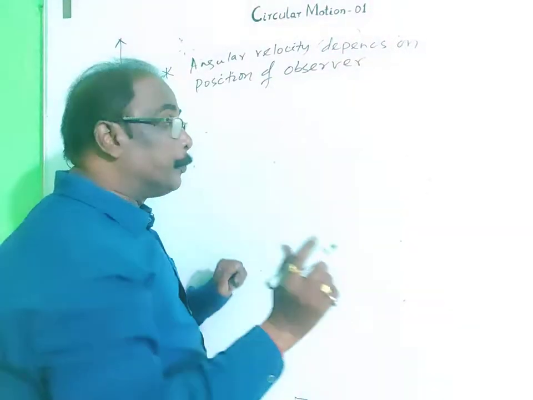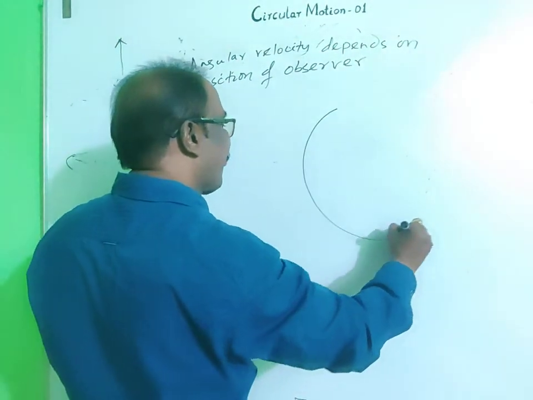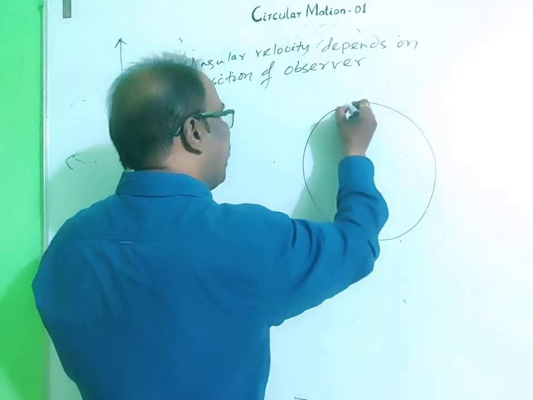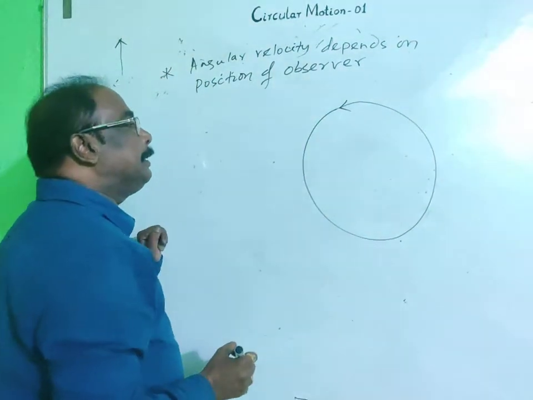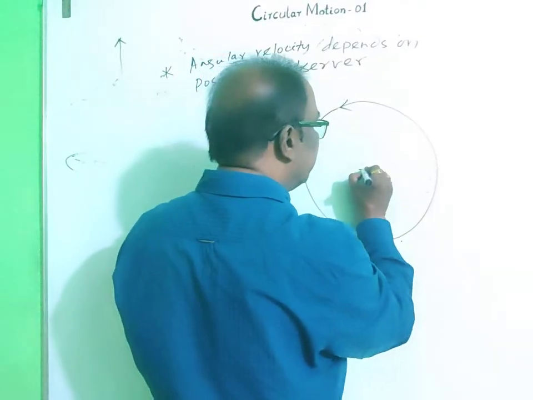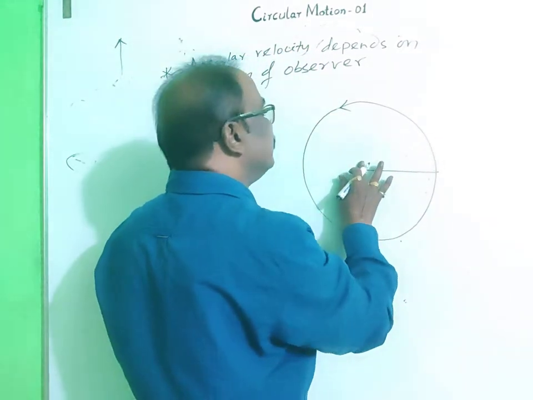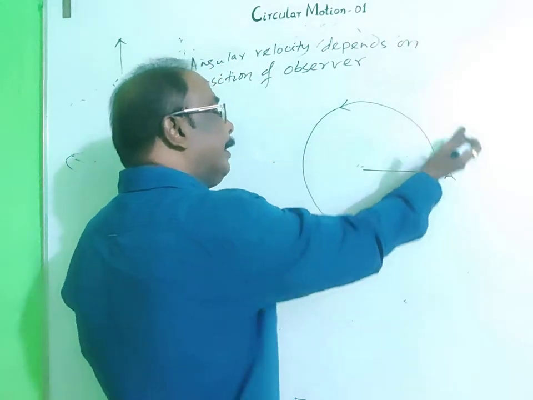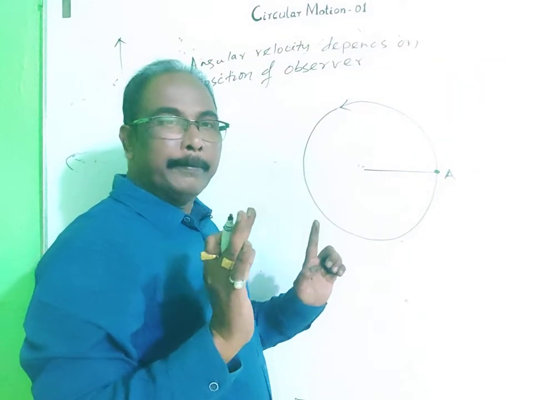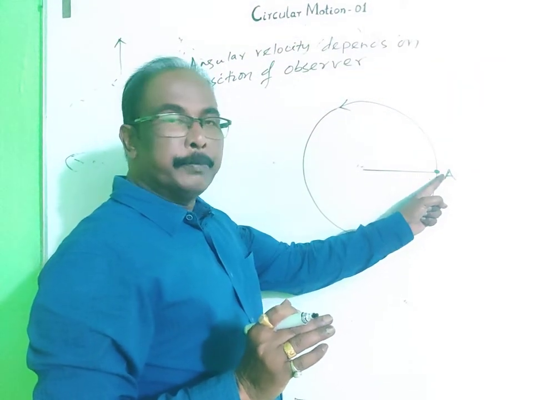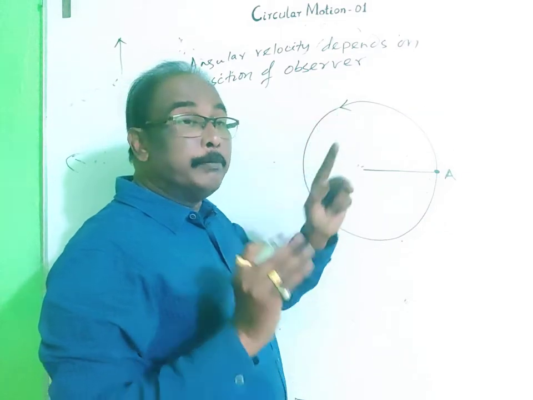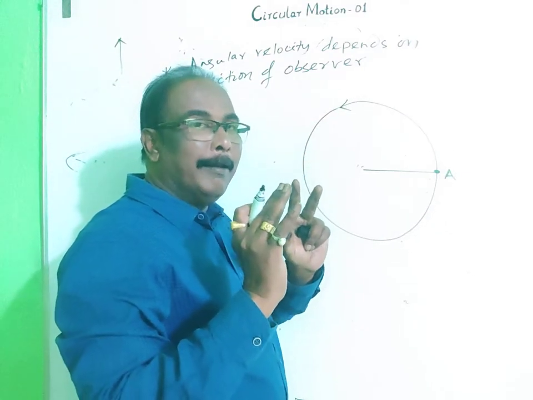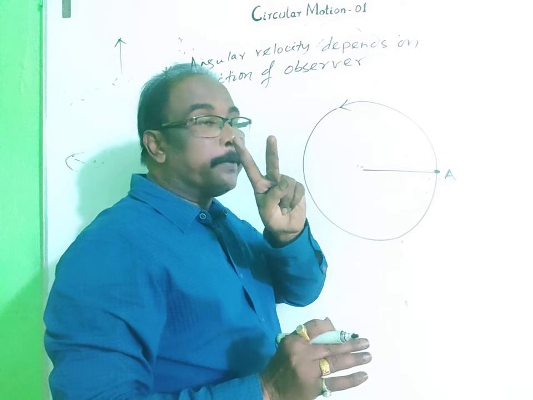Okay, let's see a question. Suppose a particle is moving in a circle in anticlockwise order. This is the center. Suppose the particle starts its motion from A in anticlockwise order. Is it clear? The motion of the particle is observed by two observers.